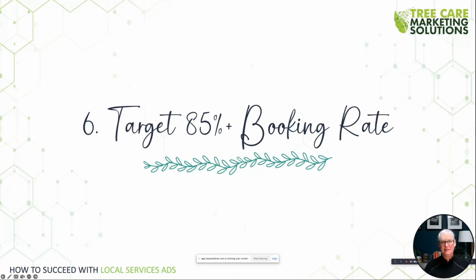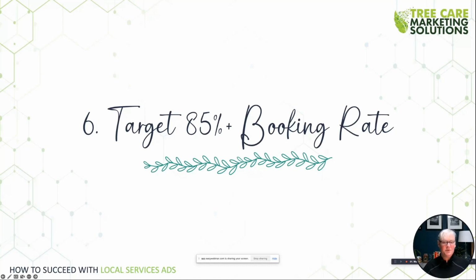So marking leads as booked tells Google to send you more leads like that, right? 85%, because these leads coming through the LSA program tend to be pretty strong, and you're marking it as booked when they schedule an estimate, you should be able to get to 85% booked. That doesn't mean closed jobs, it means booked an estimate in this case.